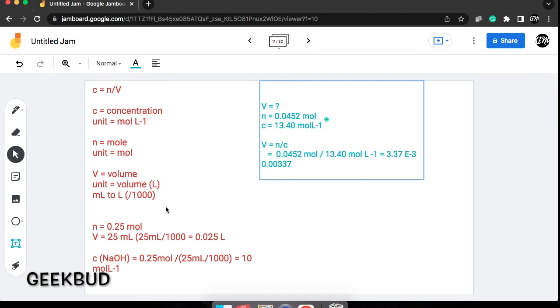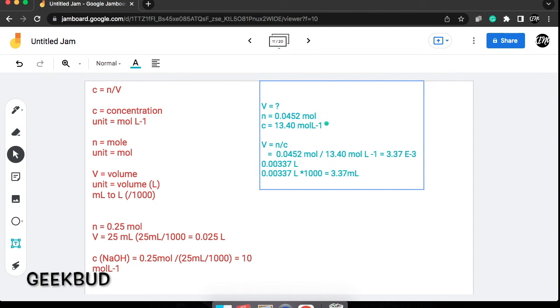So in this case, the unit for this value is liters, so the volume is in liters. However, if in an exam situation they are asking you to determine the volume in milliliters, then we would need to multiply this value by 1,000, and that should give you the answer that you're looking for, which is 3.37 milliliters.